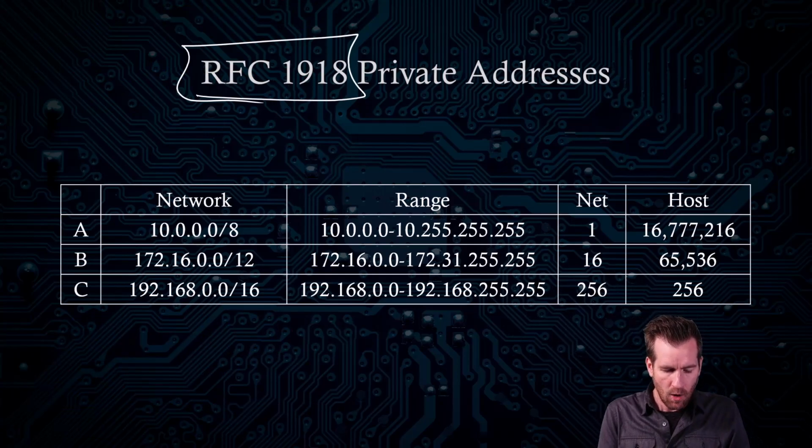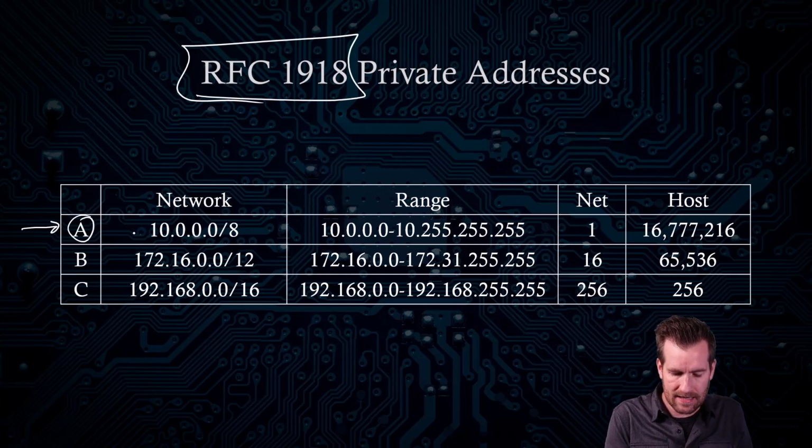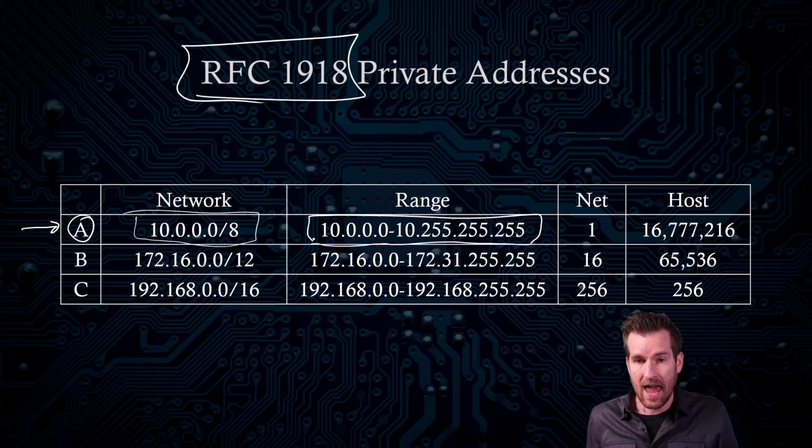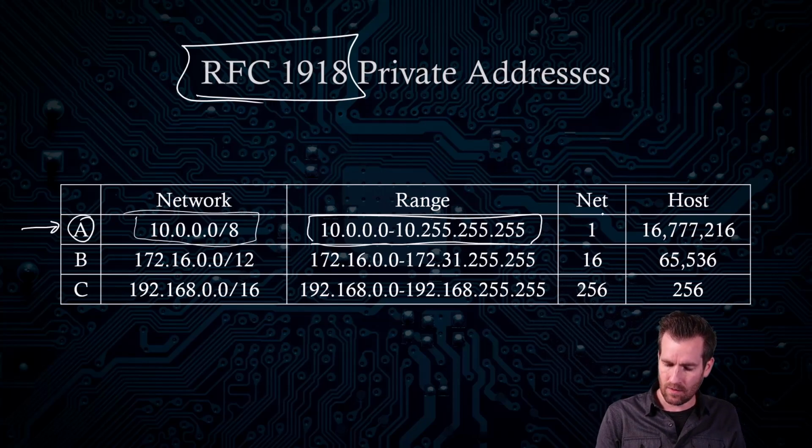So what are they? They chose this range for class A, which is 10.0.0.0/8, giving us a range from 10.0.0.0 to 10.255.255.255. This gives us one network, but 16 million hosts.